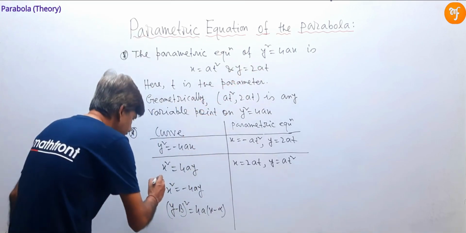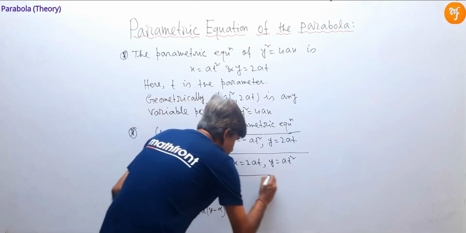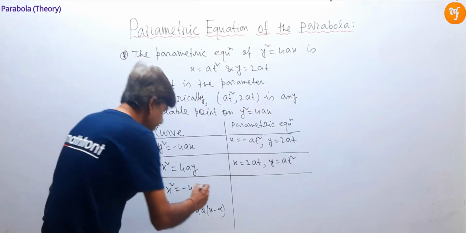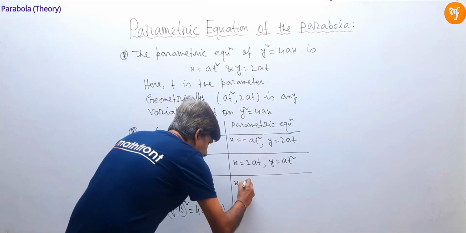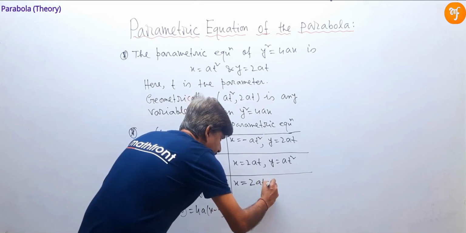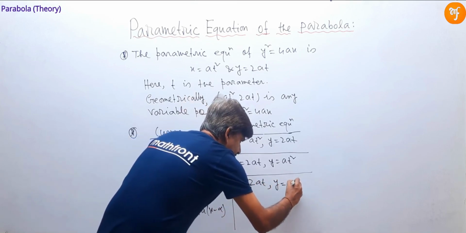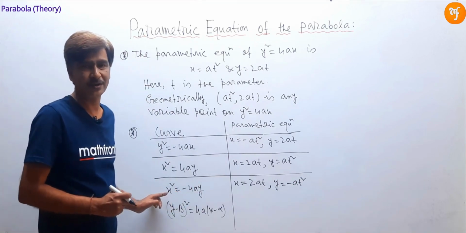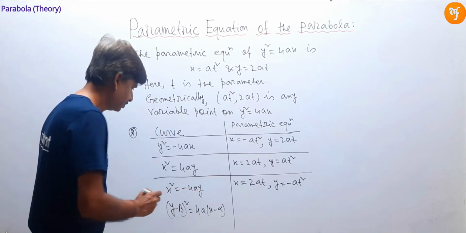Okay? Now come to the parabola x square is equal to minus 4ay. So here the pair of equations x is equal to 2at and y is equal to minus at square togetherly represents the parametric equations of x square is equal to minus 4ay. Okay.